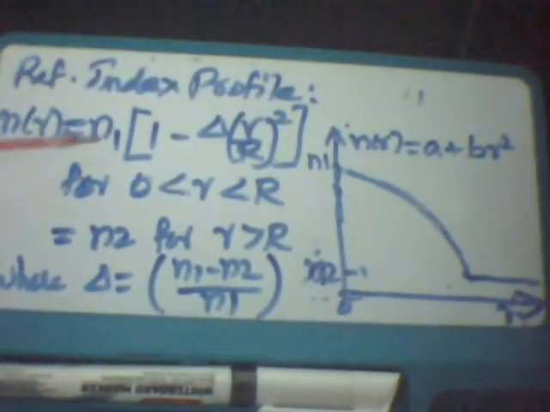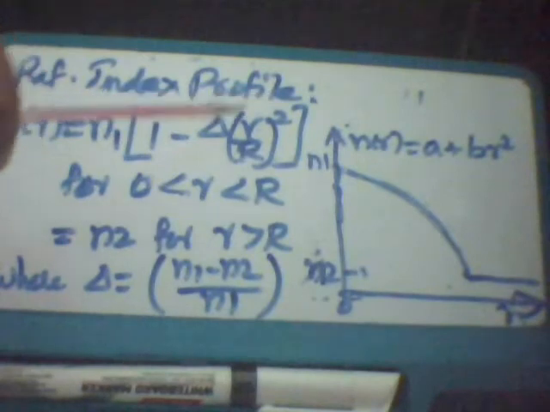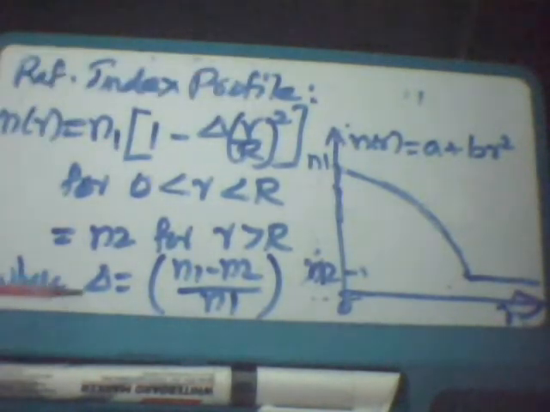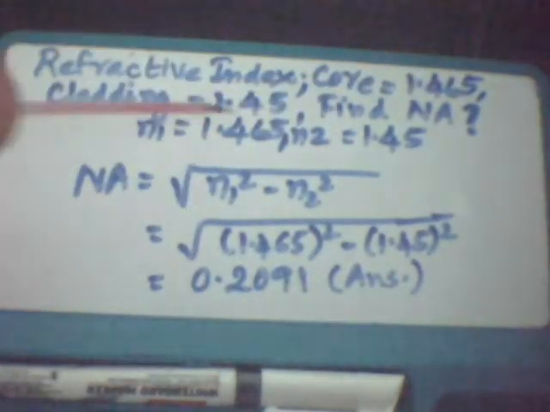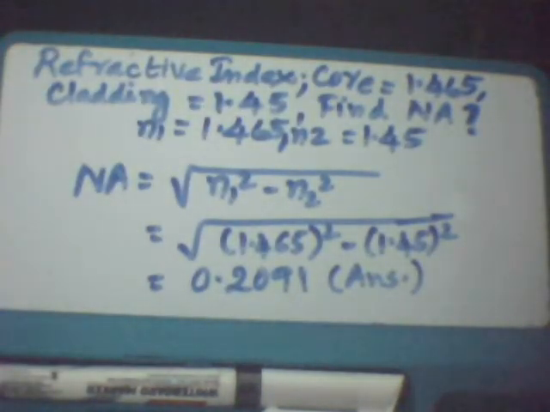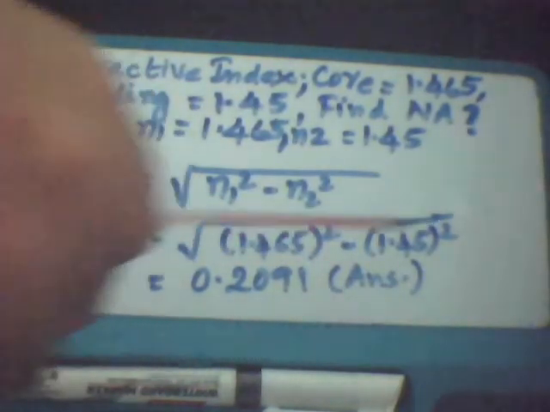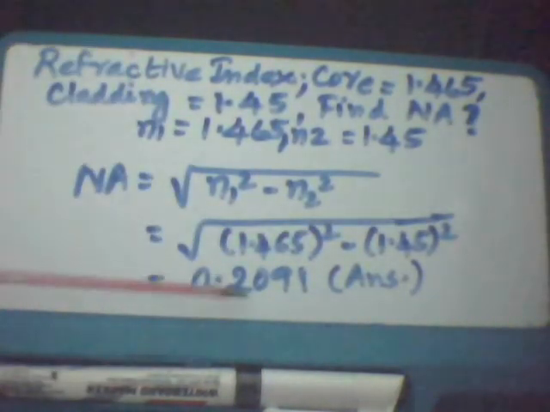So the refractive index of the core varies as a truncated parabola according to the expression n1 into 1 minus delta r by R the whole squared, where delta is equal to n1 minus n2 by n1. You are given n1 is equal to 1.465, n2 is equal to 1.45. Apply the formula. N A is equal to square root of n1 squared minus n2 squared, is equal to square root of 1.465 squared minus 1.45 squared, is equal to 0.2091.